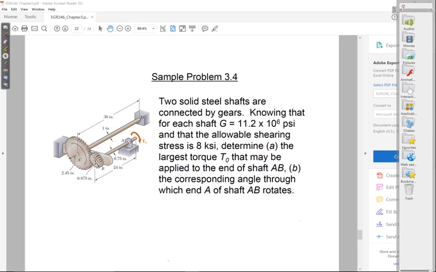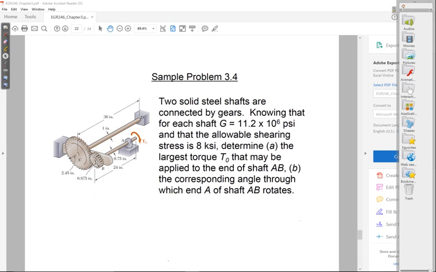However, is B fixed in this problem? It's not. B is hooked up to C. C is hooked up to D. So if you look at shaft CD, C actually is going to deform, and D is fixed. So if I wanted to find how much C is going to rotate by, then I can simply use TL over JG.